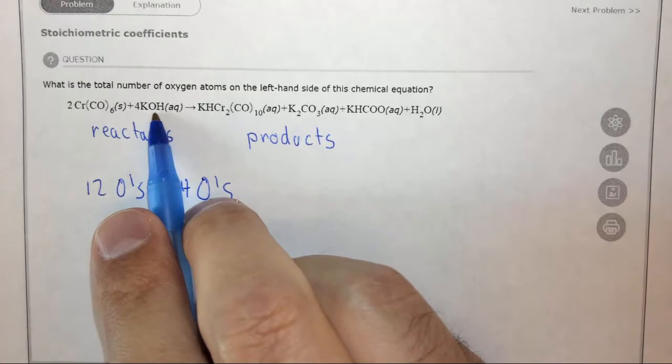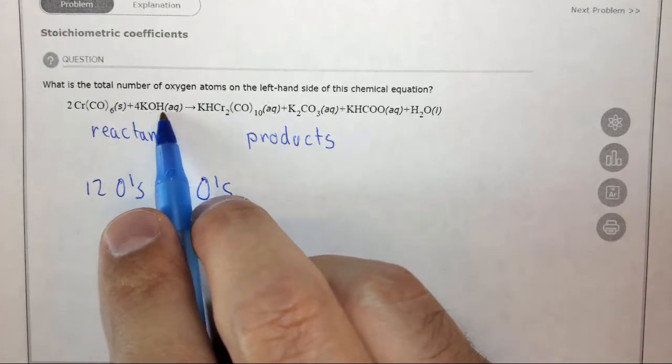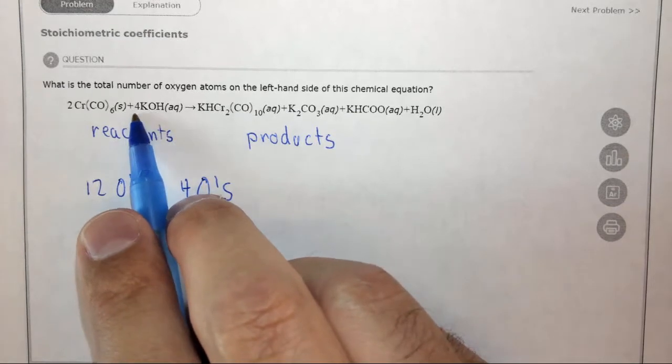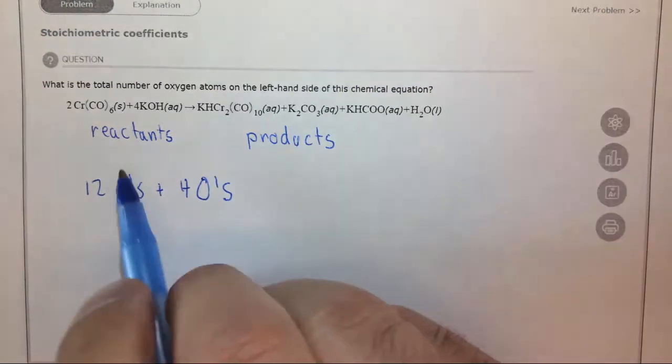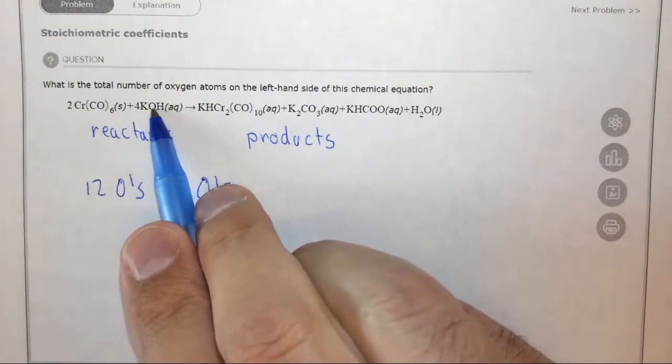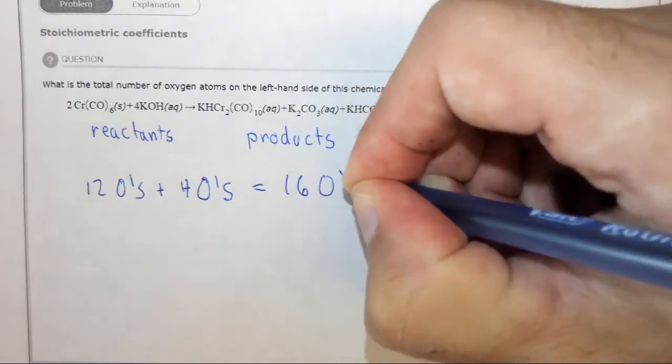In this case, the subscripted number is 1. It's not shown, which means there's only 1 oxygen in a potassium hydroxide. So you could also do this as 4 times 1, which gives us 4 oxygens. You add them together because we have both this reactant and this reactant, so we have to add them together, which gives us a total of 16 oxygens.